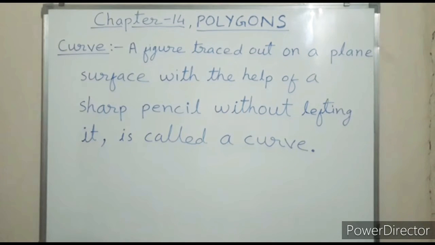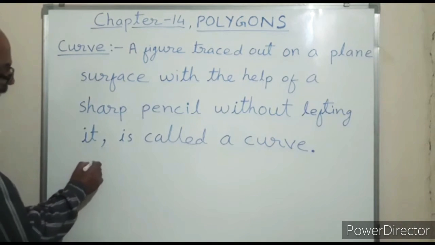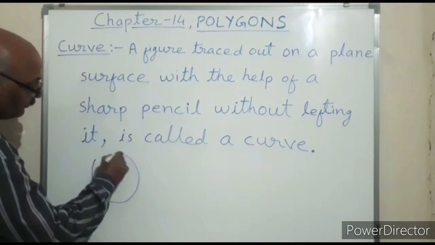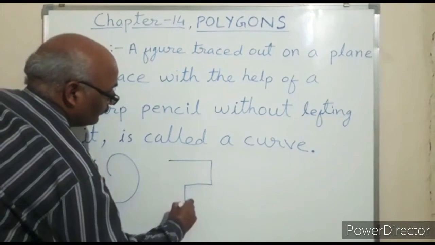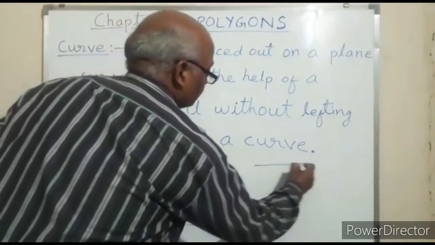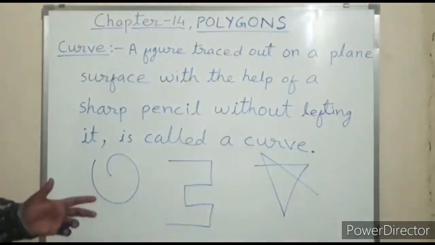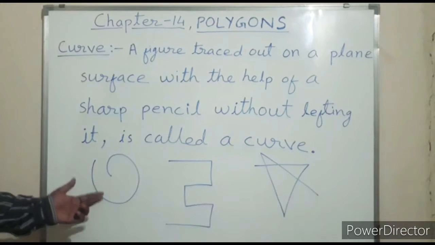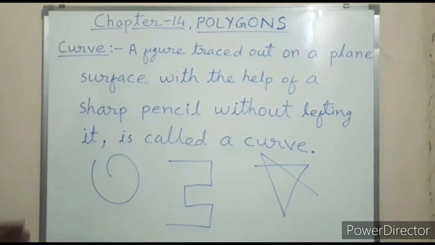It means if we are using a sharp pencil on a plane and drawing any figure without lifting the pencil, like this, or like this. In everywhere we didn't lift the pencil and we made here three figures. Such figures are called curve.